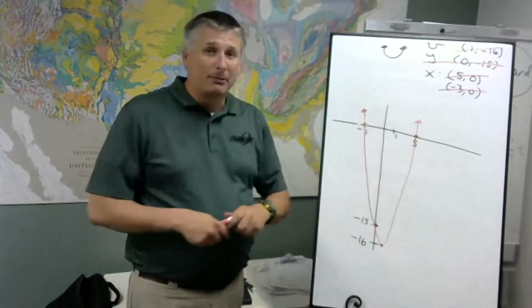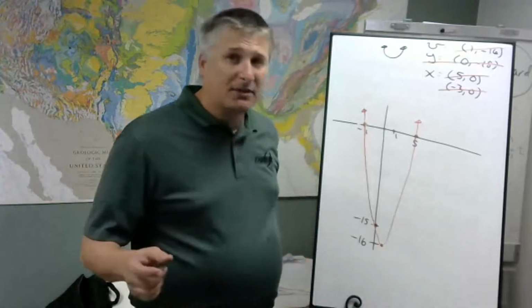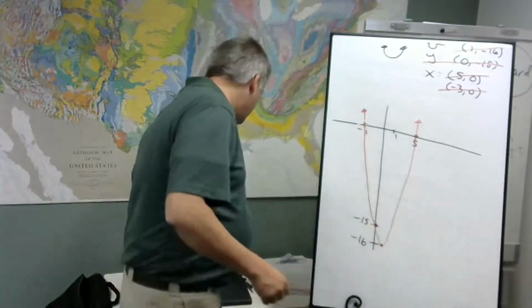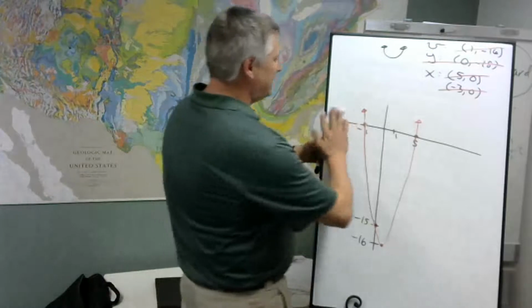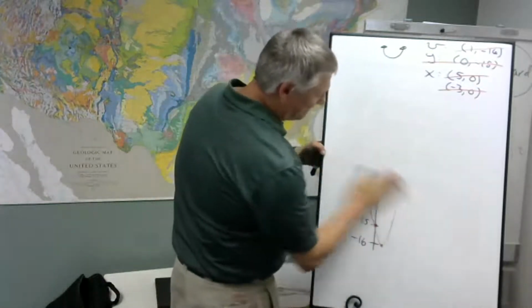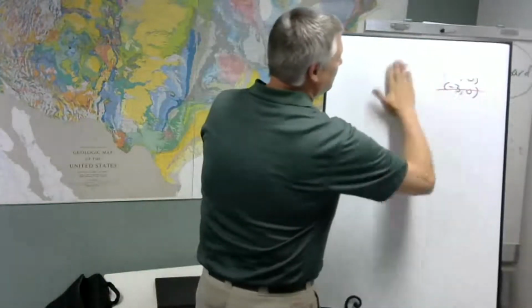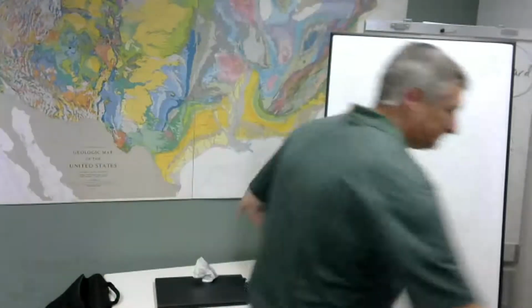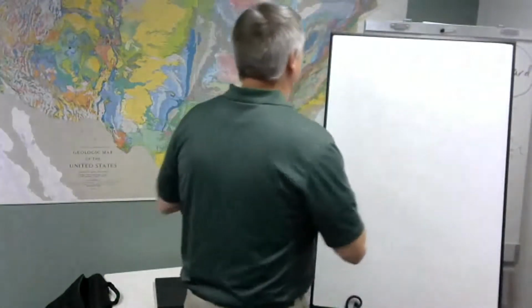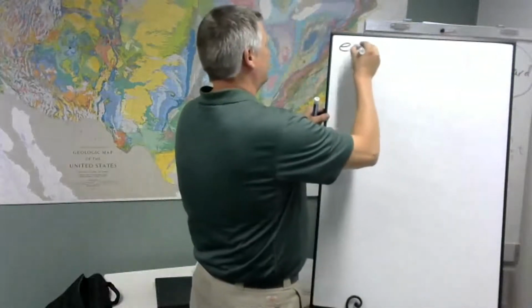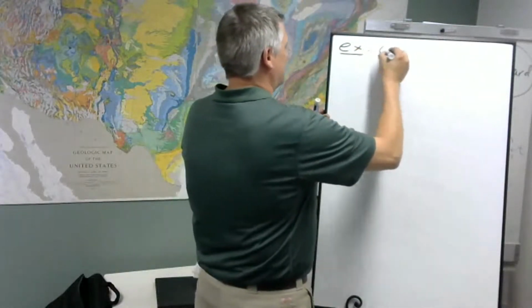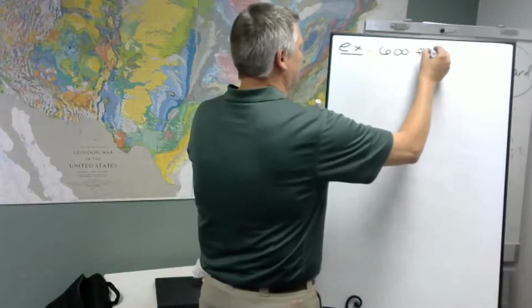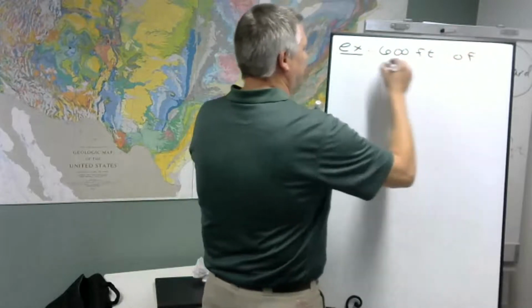So that's graphing parabolas. The last thing to go over for this section is applications. And I mentioned at the beginning, what's really powerful about this section is you can use it to find minimums and maximums. Now, let's say we have 600 feet of fencing.